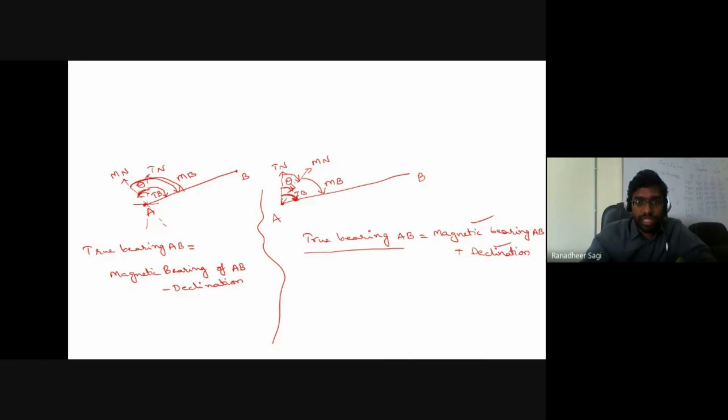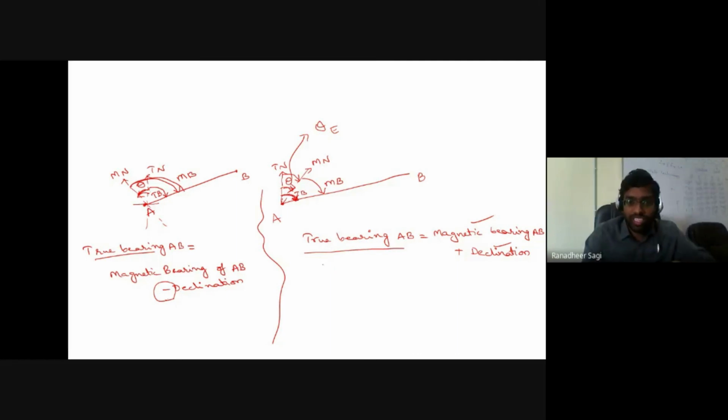I can specifically write this declination angle as theta E, which means the declination towards east. So whenever your declination is towards east, if true bearing is to be calculated, you will use the plus symbol. When your declination is towards west, and you are calculating your true bearing, then we'll use the minus symbol.